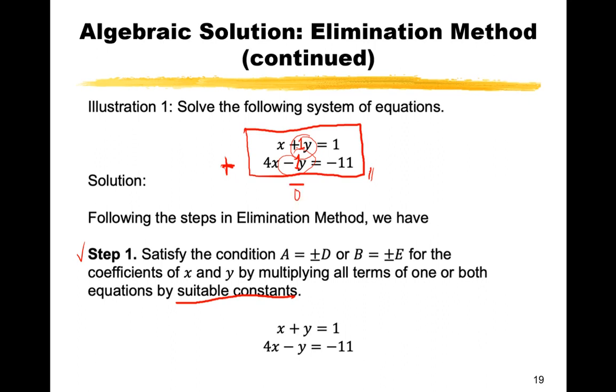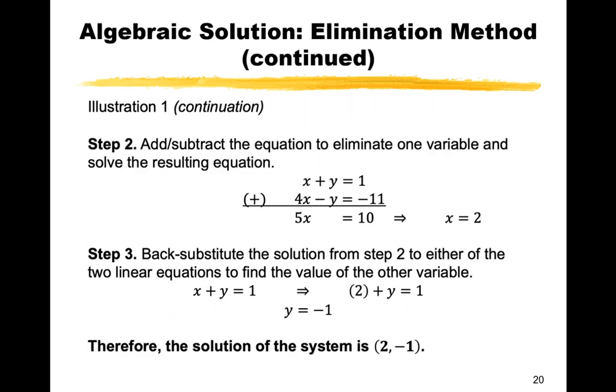So, ibig sabihin, mawawala agad to. So, we're left with the variable x. So, we can readily solve for the value of x. Okay? So, ganon. I-assess nyo muna. Huwag kayong basta banat ng banat. And if you came up with that analysis, you can proceed with the elimination method.